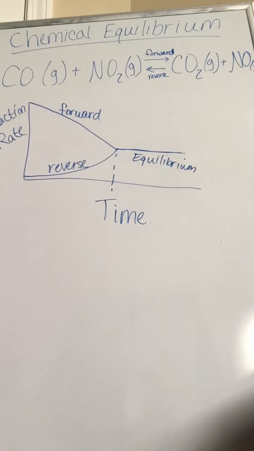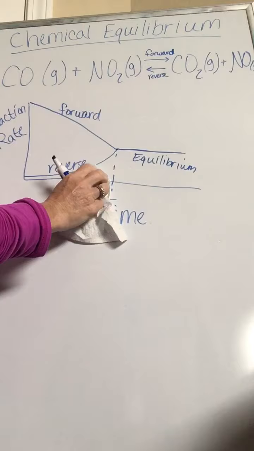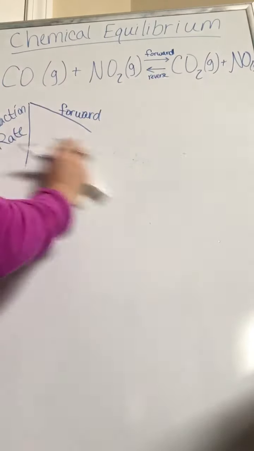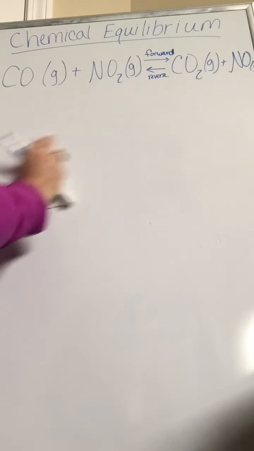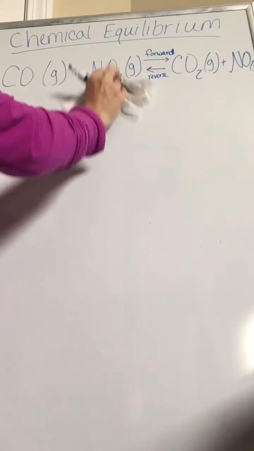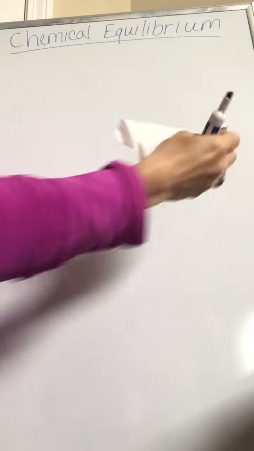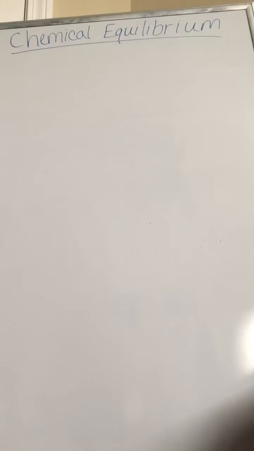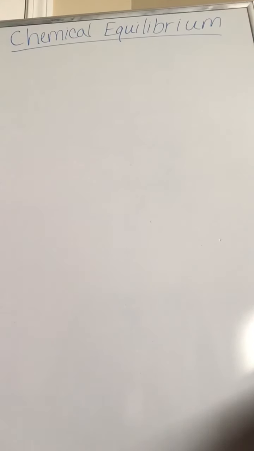All right, so I want to go over how to calculate the equilibrium constant and go over a couple pieces of information that are really important about the equilibrium constant. So in the last chapter, we learned about the rate constant. All right, and we learned some things that make the rate constant different from other constants that we learned: the rate constant is only the constant for a certain chemical reaction.